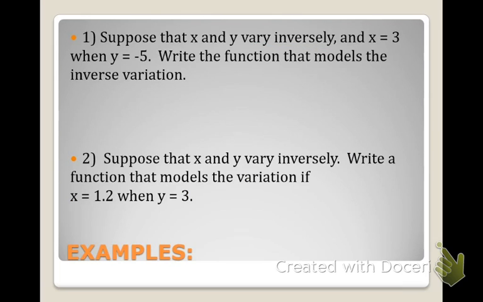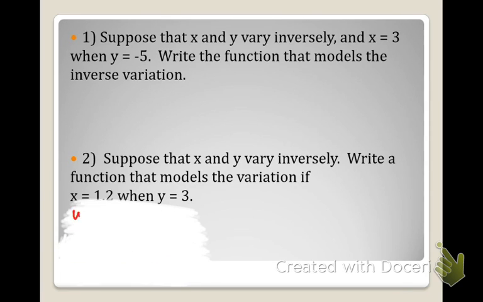All right, on number 2, what was our first step to being able to write a function? We had to do what? Find the k. So in order to find k, we've got 2 options. Who wants to tell me which way they found it? Which equation did you use? Okay, so we had 2 options. I like the y equals k over x.